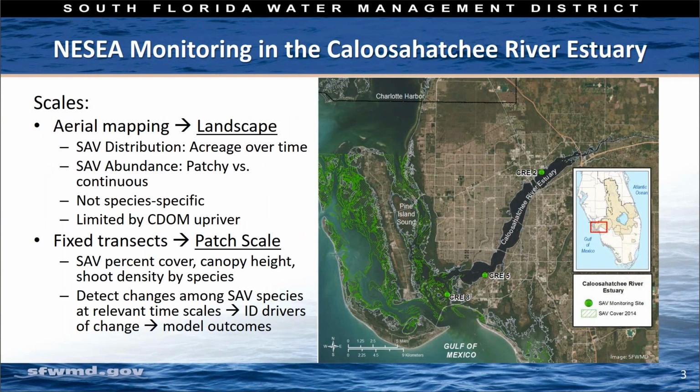So we monitor SAV on two scales, the aerial mapping landscape scale and the fixed transect patch scale, monitoring the transects for SAV percent cover, canopy height, shoot density by species, and to detect changes among SAV species relevant to timescales.